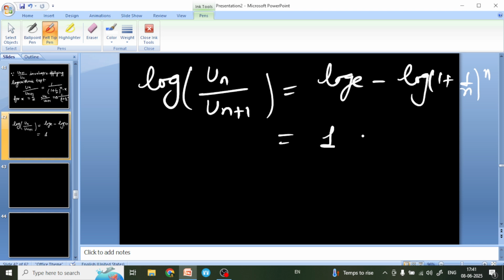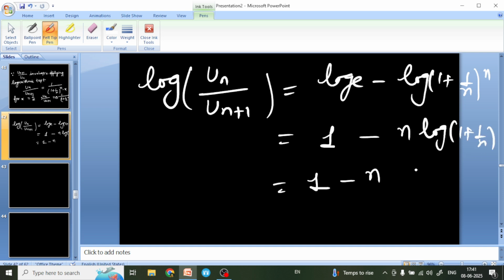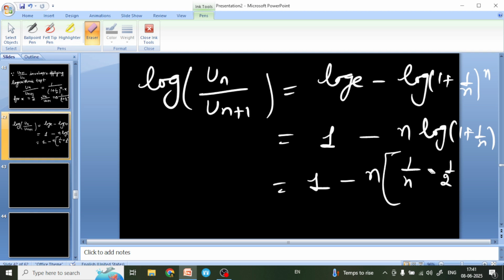Log e is equal to 1 minus n log (1 plus 1 by n), and taking 1 minus n common, log (1 plus 1 by n)'s formula is 1 by n minus 1 by 2n square plus 1 by 3n cube.